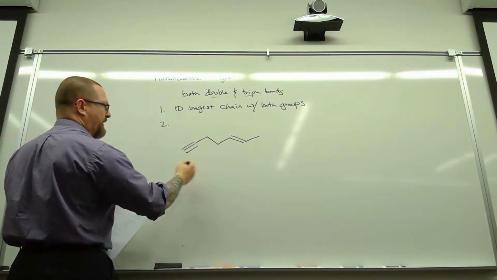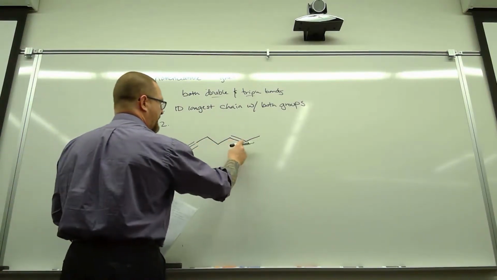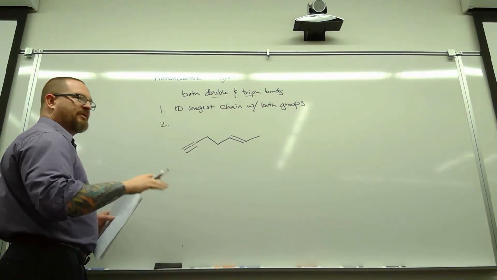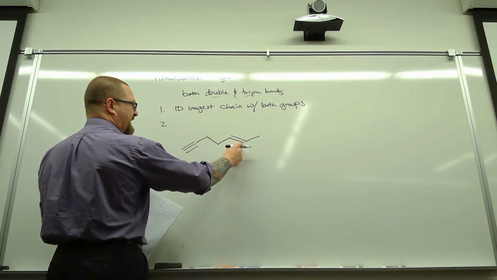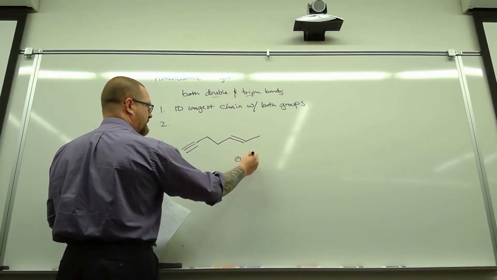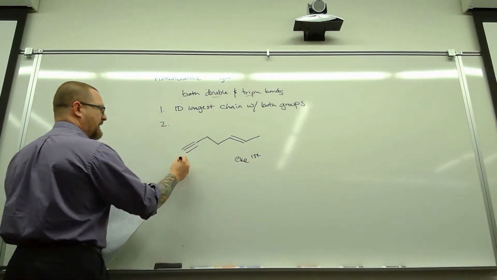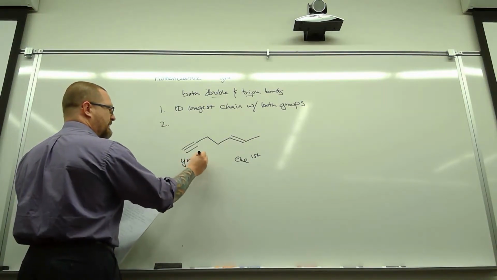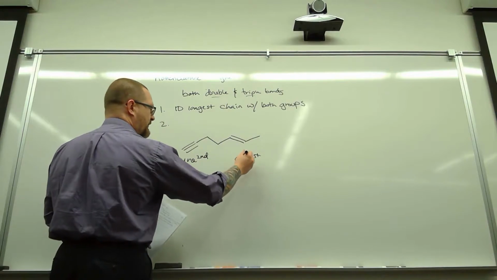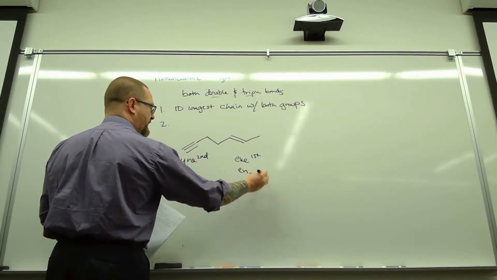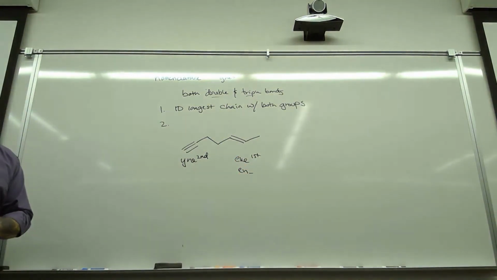All this jargon about parent chains. When you have a double bond and a triple bond, to deconvolute what the book's saying, you're going to list the ene first and the yne second. And as part of listing the ene first, we're going to get rid of the e on the end.